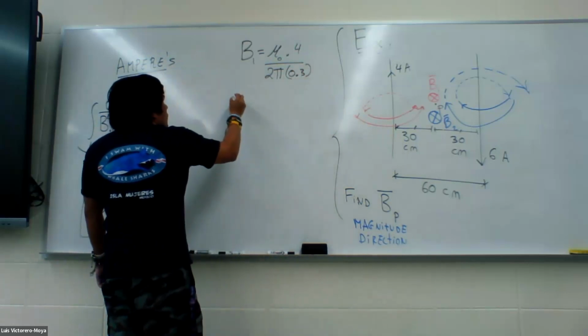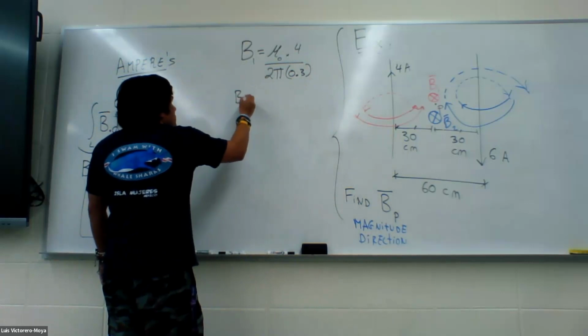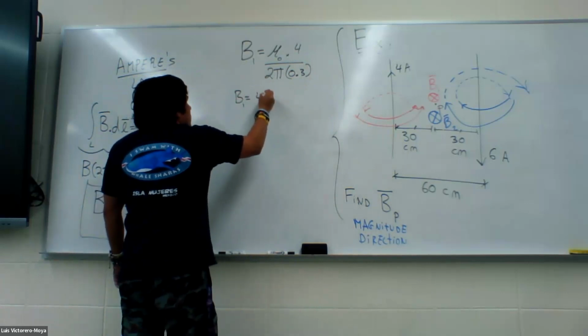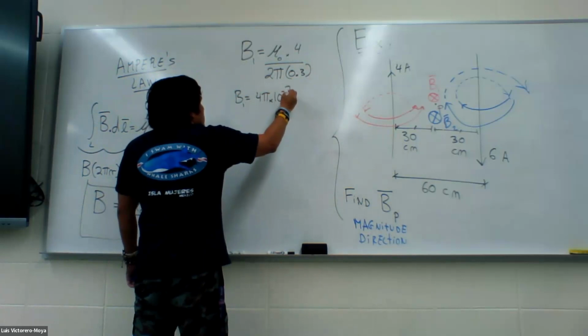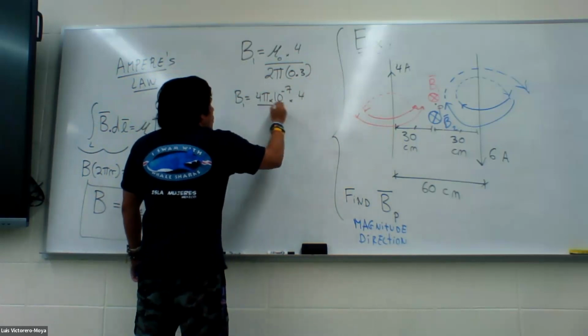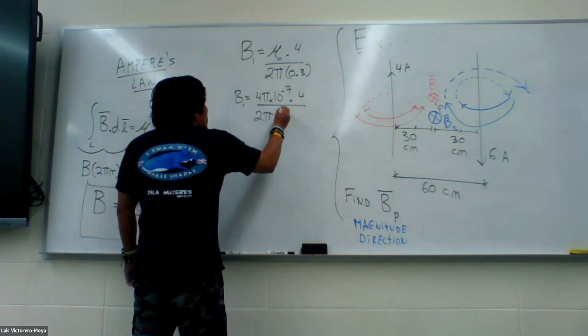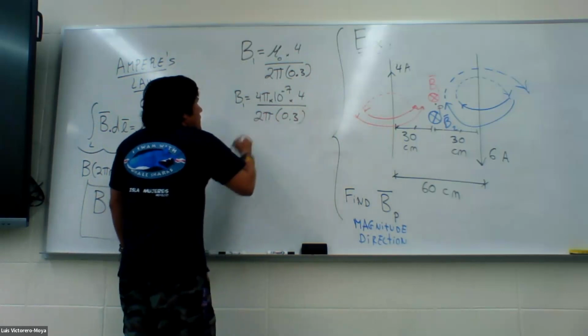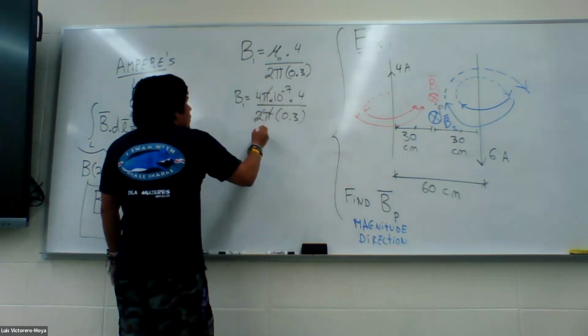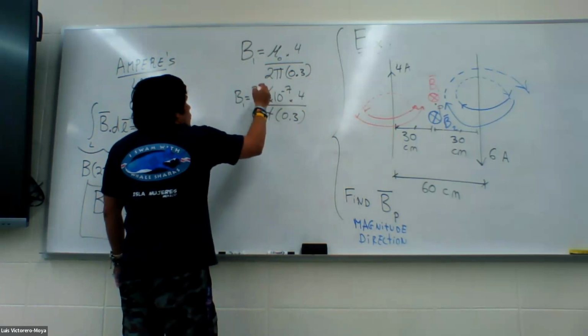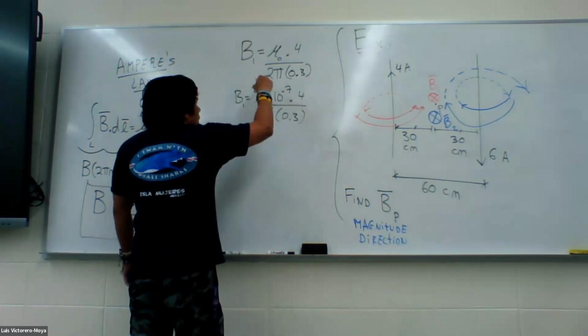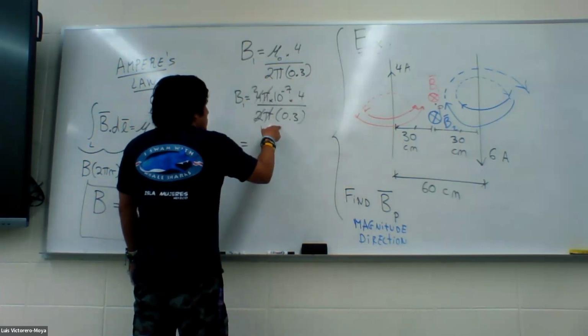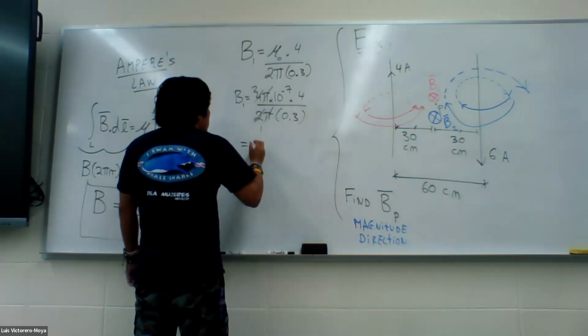Let's replace the value of mu naught: 4 pi times 10 to the negative 7 times 4 over 2 pi times 0.3. Pi cancels, half of 4 is 2, 2 times 4 is 8, 8 divided by 3.